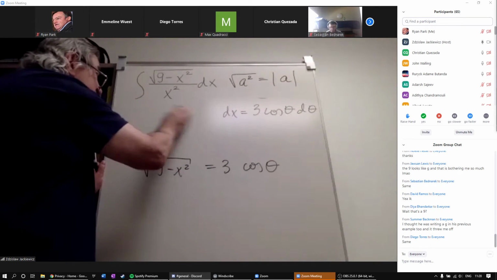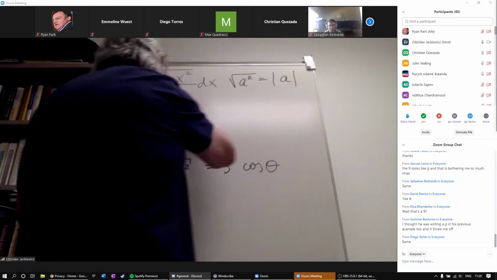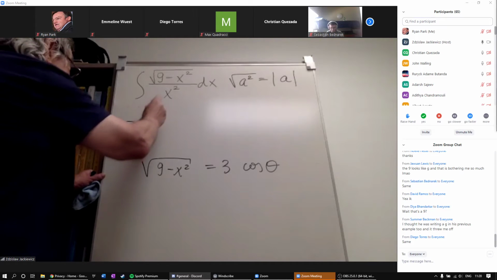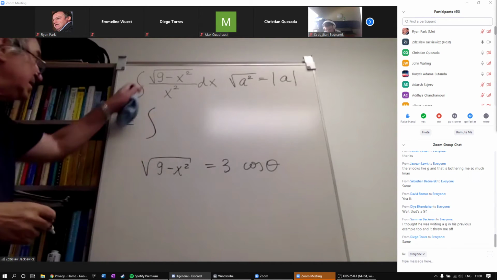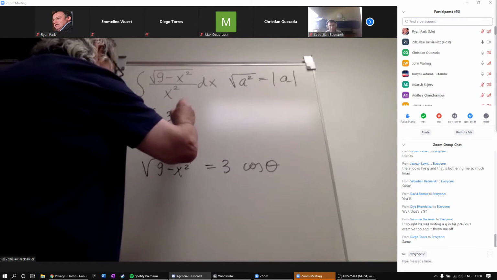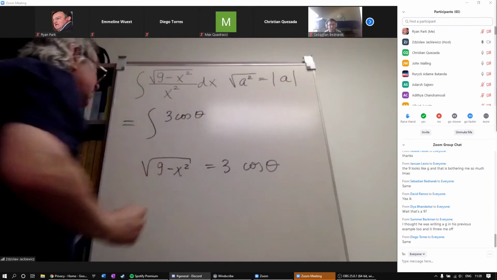Let me erase this because I want to continue the integration here. So this integral becomes: the square root of 9 minus x squared is 3 cosine theta.